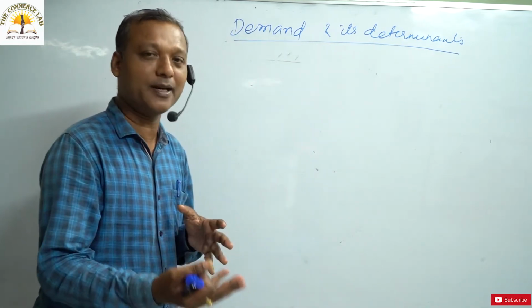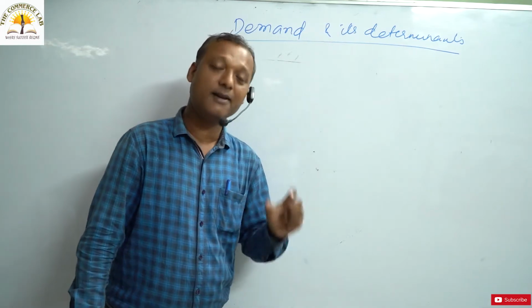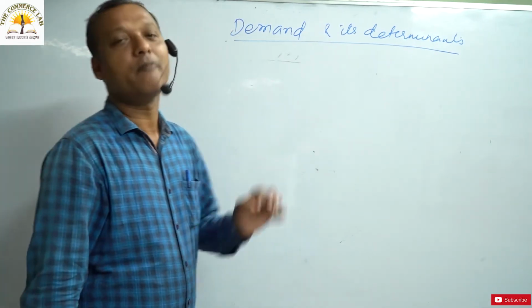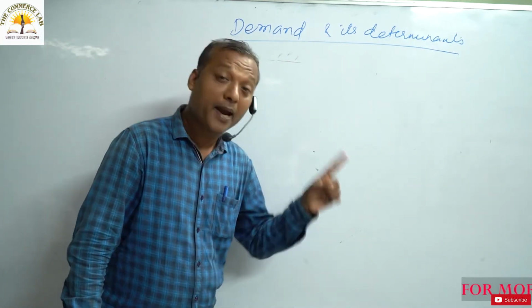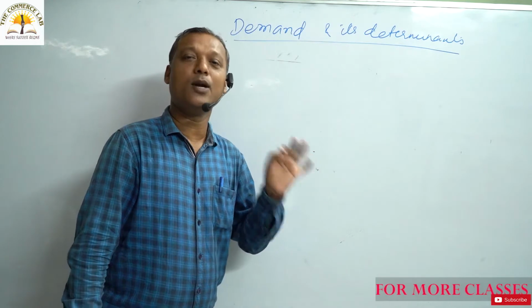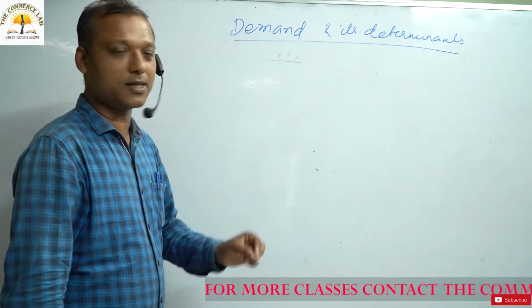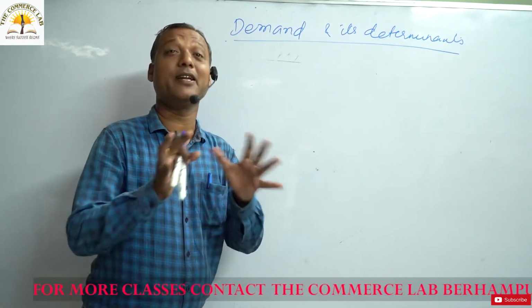From the example, it is very clear that demand means desire for a commodity backed by willingness to pay and capacity to pay. Only a person who has both can have demand fulfilled. That is called demand in economics. This is the actual meaning of demand.